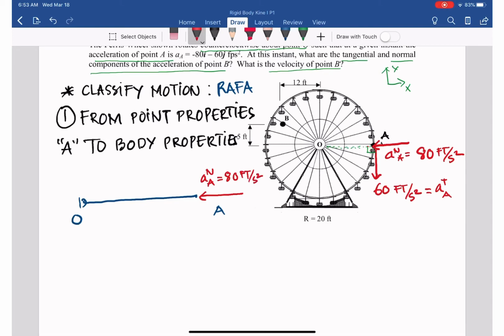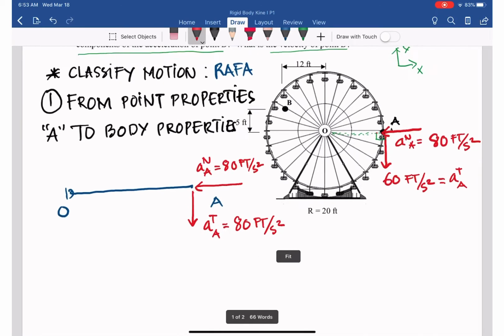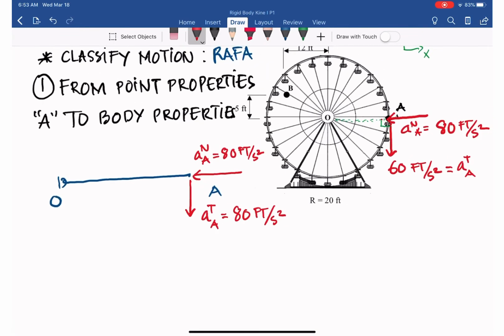And then the tangential component, AT, equal 60 feet per second square. And since AT is going down, then the angular acceleration has to be consistent with AT. So the angular acceleration alpha has to be clockwise.